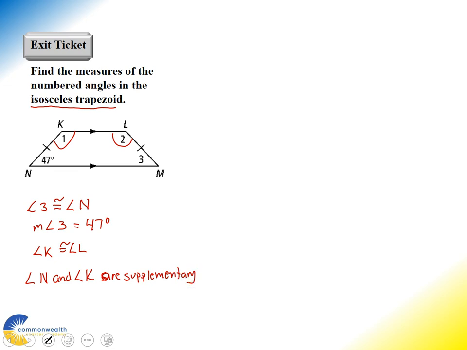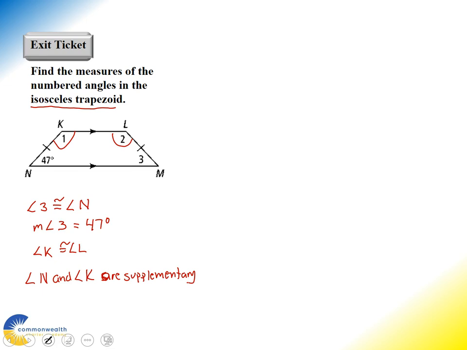That's true for any trapezoid because these are parallel sides, KL and NM. Looking back at the topic from Unit 4, angle N and angle K, or angle N and 1, whichever way you want to look at it, are same side interior angles between those two parallel segments and the transversal NK.